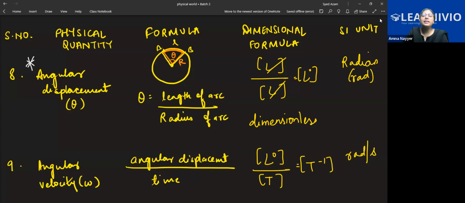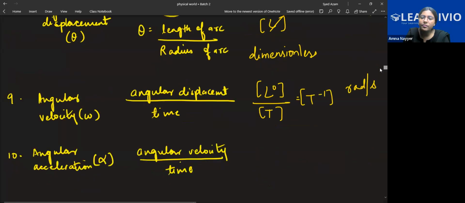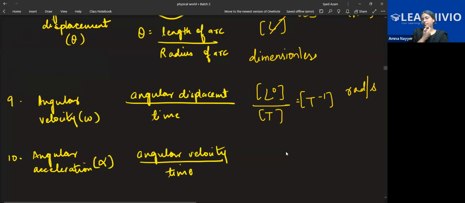If you remember, we had acceleration also. What was the dimension of acceleration? Try to recall without looking. It's velocity by time. Now look into the notes. See what was acceleration. Tell me.